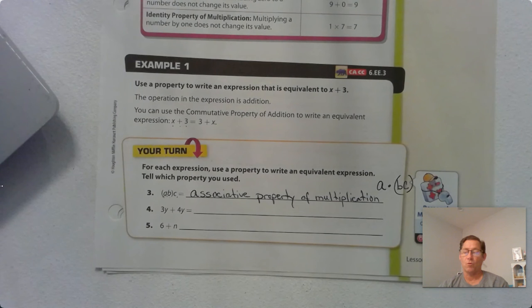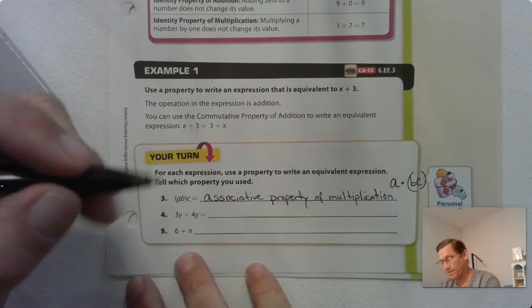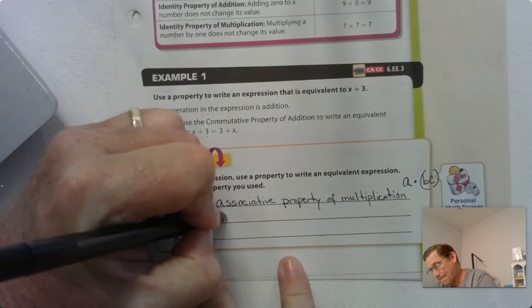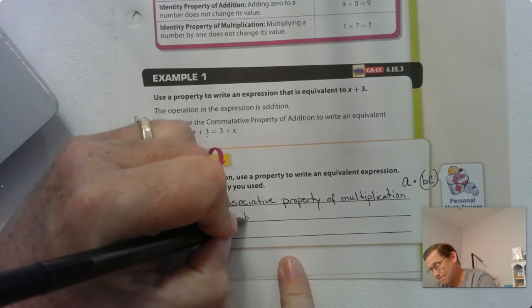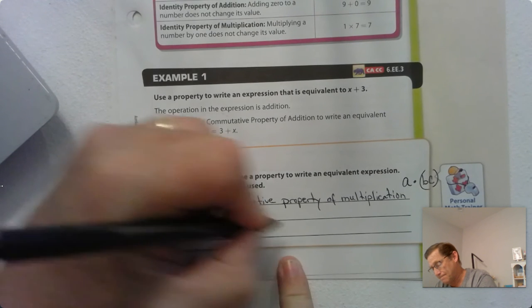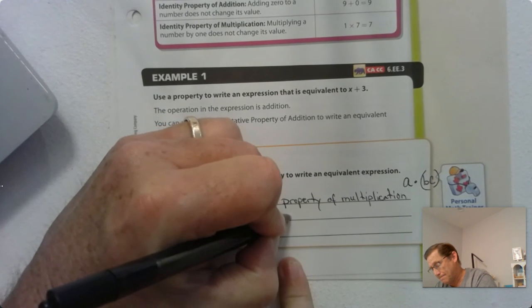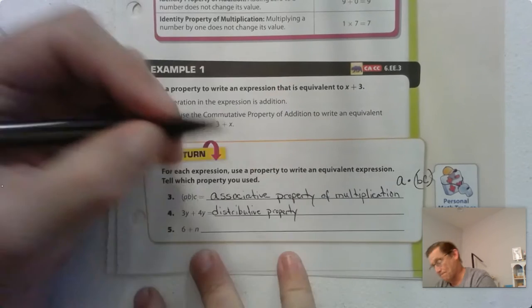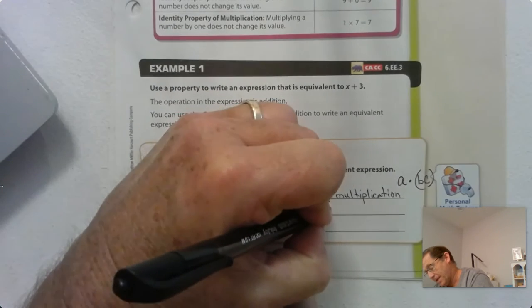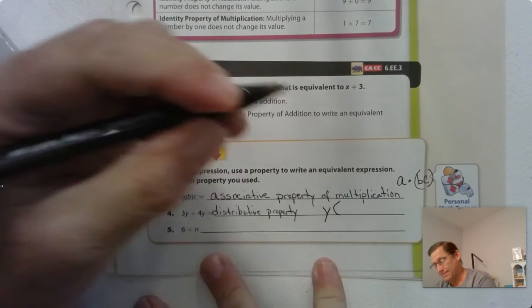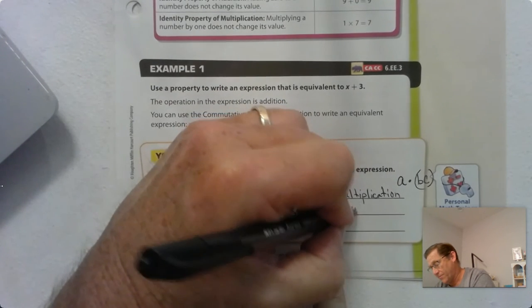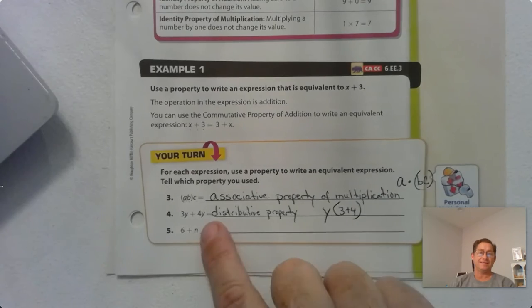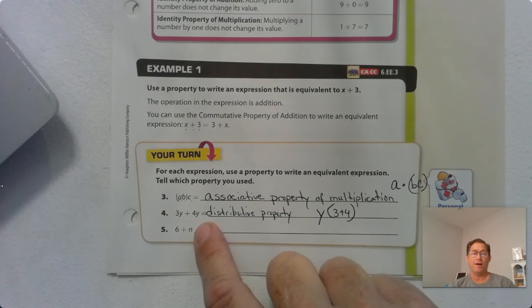3y plus 4y. Well, I could use the distributive property on this one. Okay. And I could say y times 3 plus 4 is the same as 3y plus 4y.